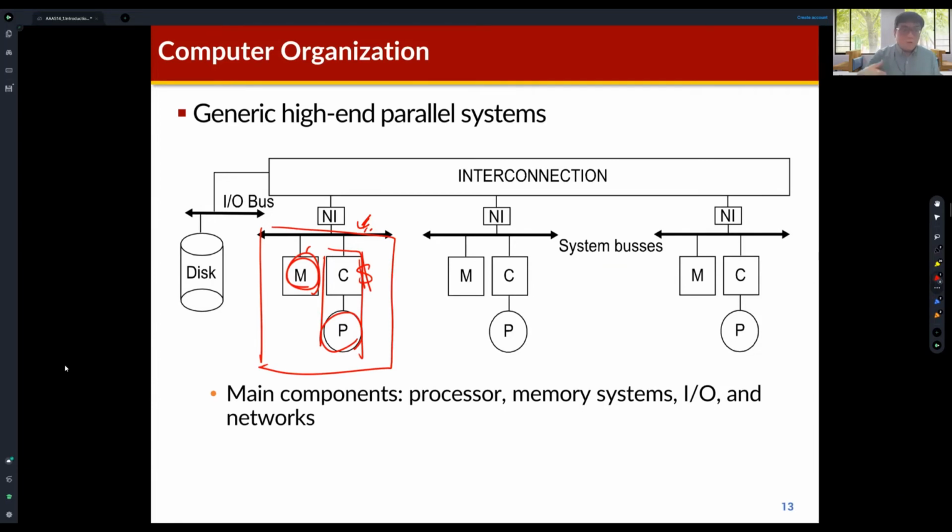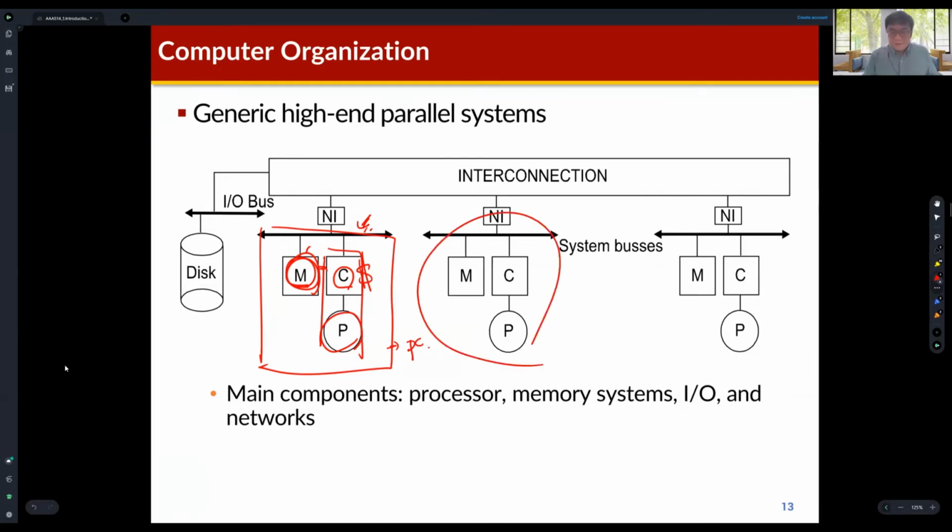It's very similar to the organization of a personal computer. A personal computer, like an Intel i7, i5, or i3, has the on-chip cache here, and the main memory is dedicated. The main memory is directly connected to this processor. So this is the PC setting.